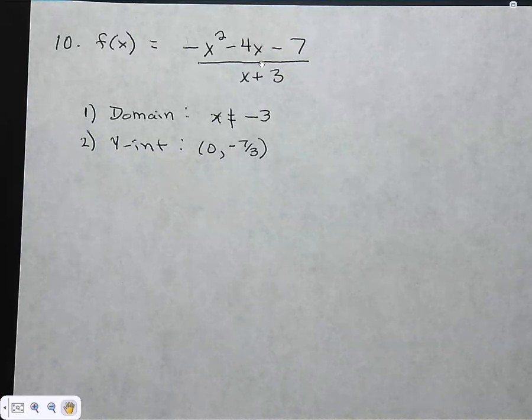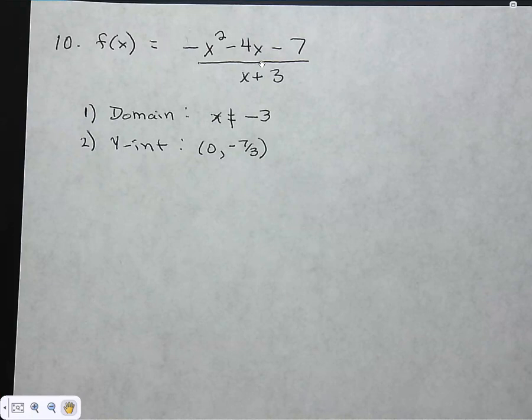Without writing down the quadratic formula, tell me what goes under the radical. b squared minus 4ac. Can you tell me whether b squared minus 4ac would be positive or negative? b squared would be 16, minus, what would 4ac be? 28, and 16 minus 28 is negative.